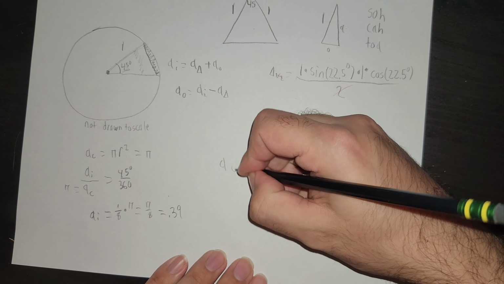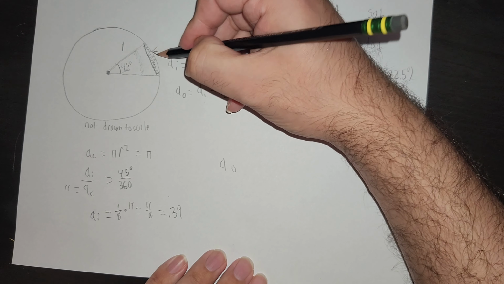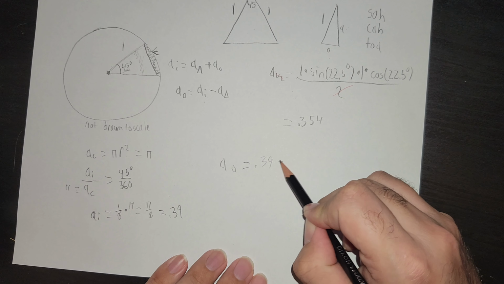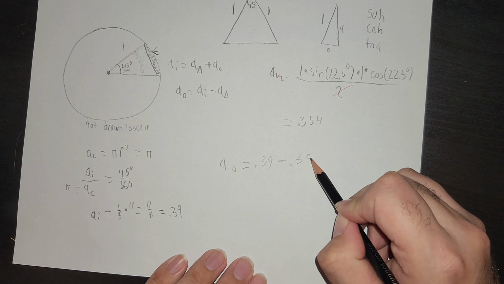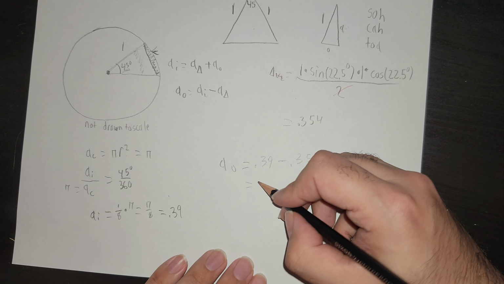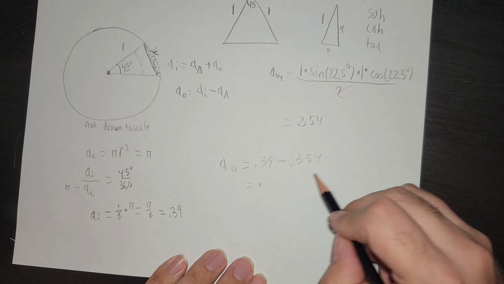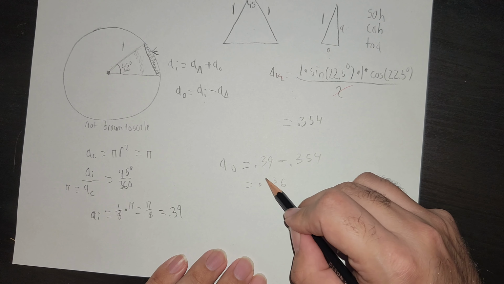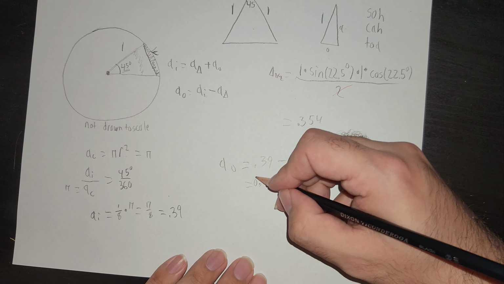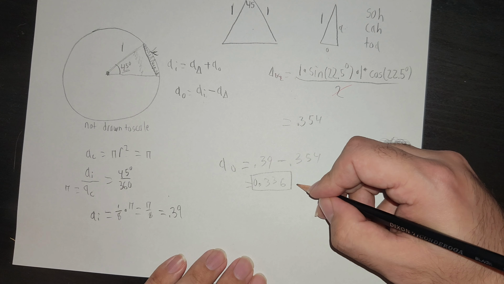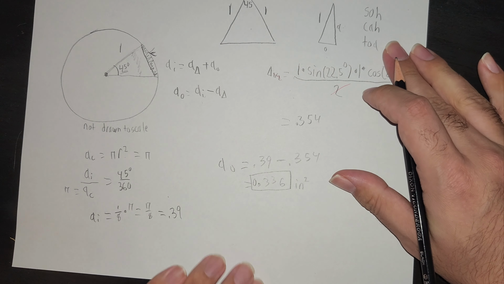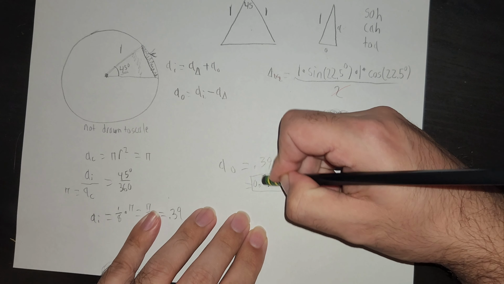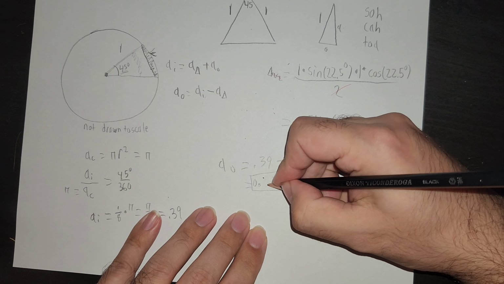So the area of the outside, or of this portion right here, is equal to about 0.39 minus 0.354, which in turn is equal to, let's see... Actually, it's not. 0.036. Yeah.